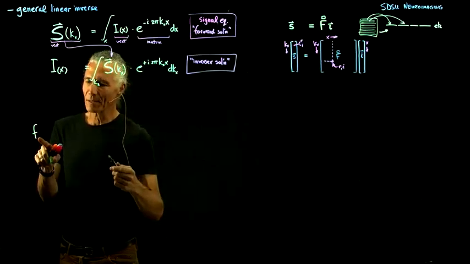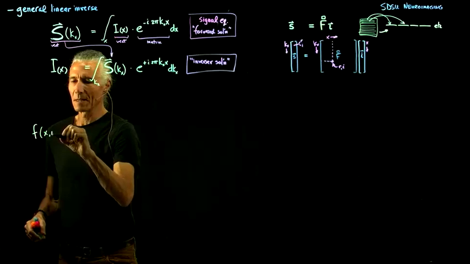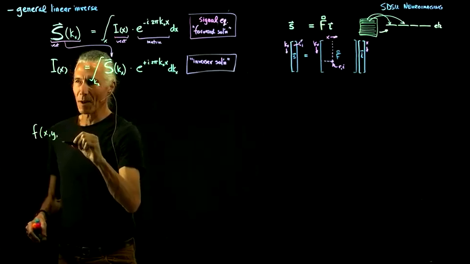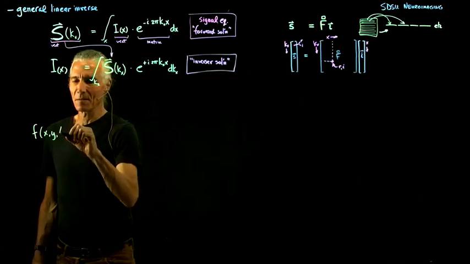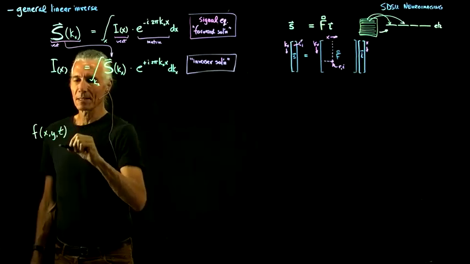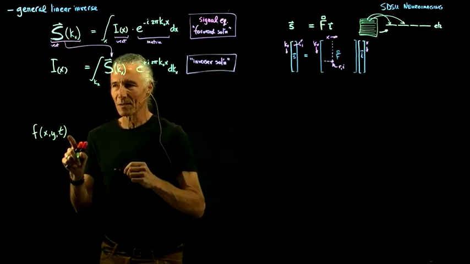This is a complex value, for a given xy point in our matrix, plus a given xy point in the brain, and a particular time.